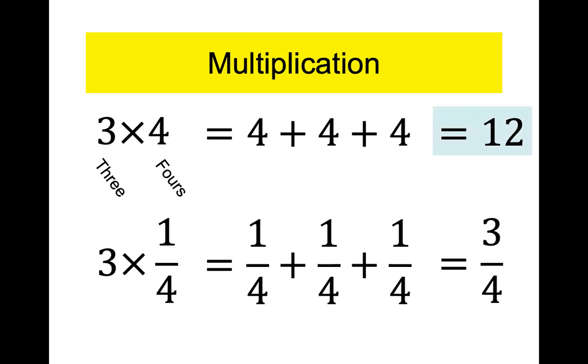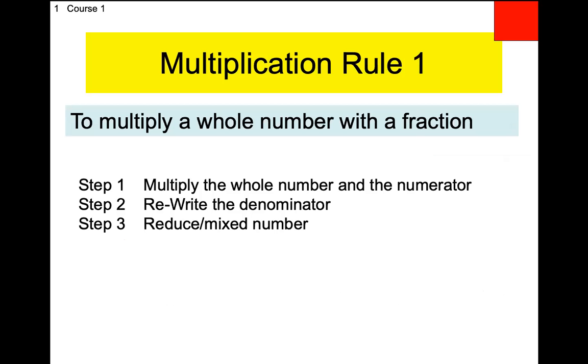Seems to me there must be an easier way. If there was an easier way, we memorize the answer here. What's the easier way? All we need to do is take this number 3 and multiply it by 1. All we got to do is multiply that by 1 and we get to the answer. That is what we will be doing.